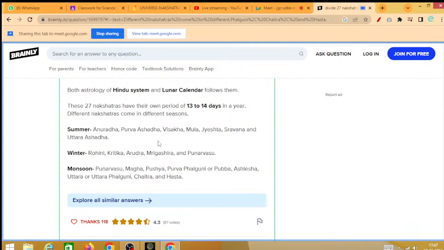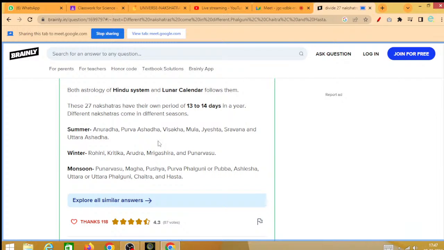So Chaitra, is it January, I think? No. Chaitra is April. Okay. Then Vaishakh. Vaishakh is summer, May. Okay, this Vishakha or whatever they've written.